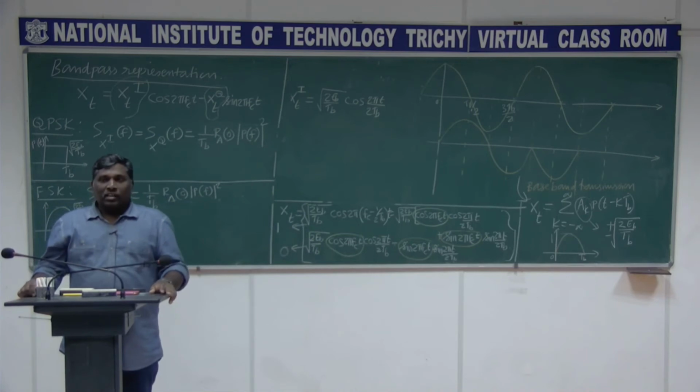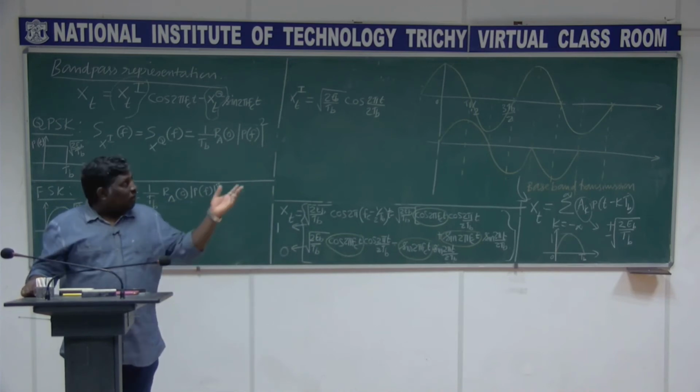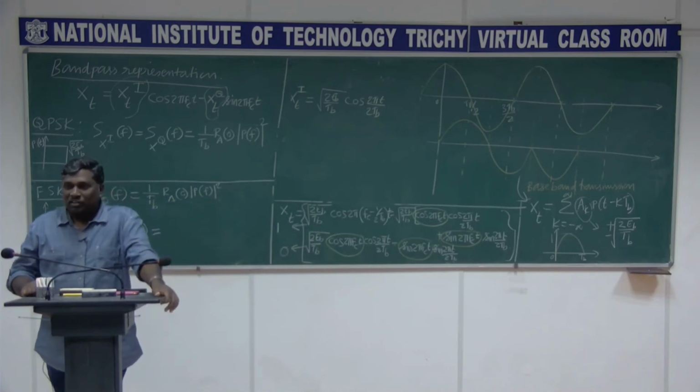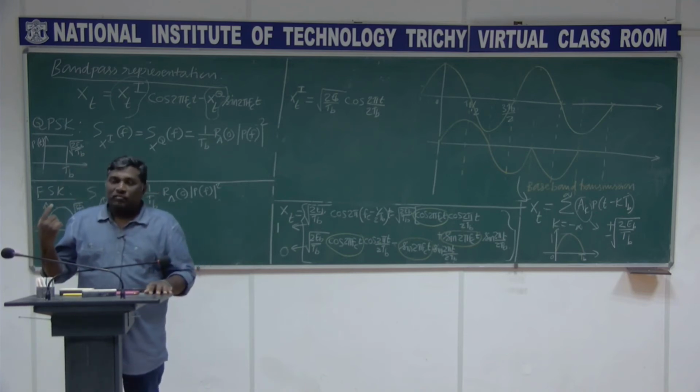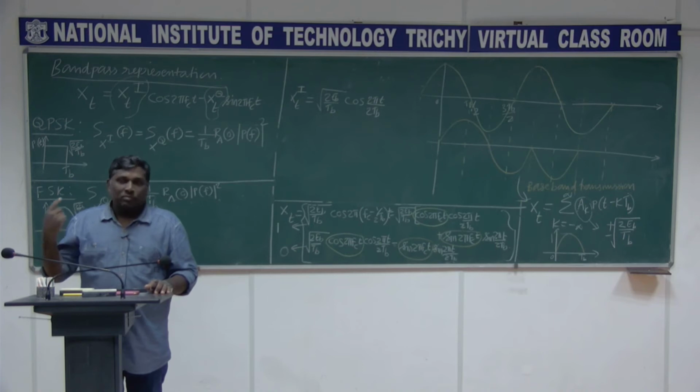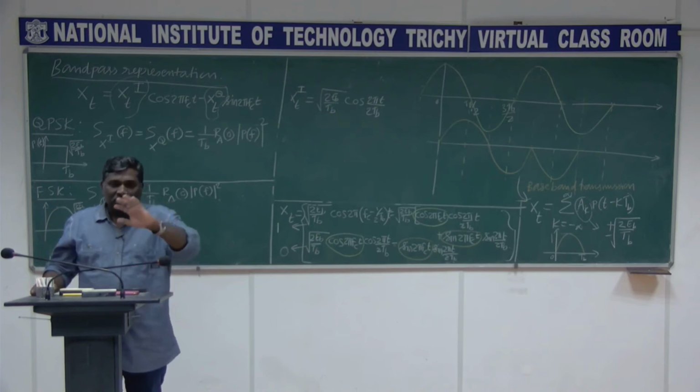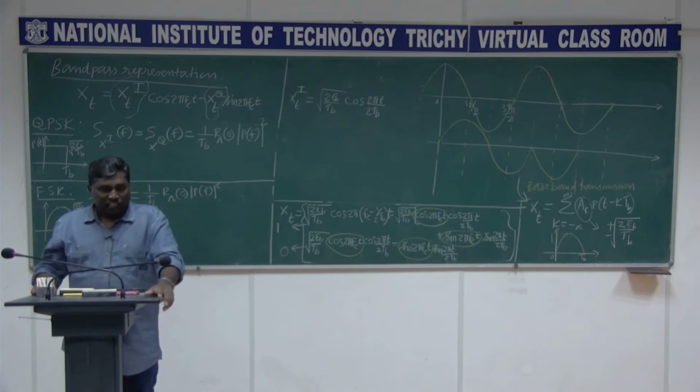right? In that case, we know what the Fourier transformation of the cos is. It is an impulse, at the frequency of 1 by TB, right? I am sorry, please make a correction.